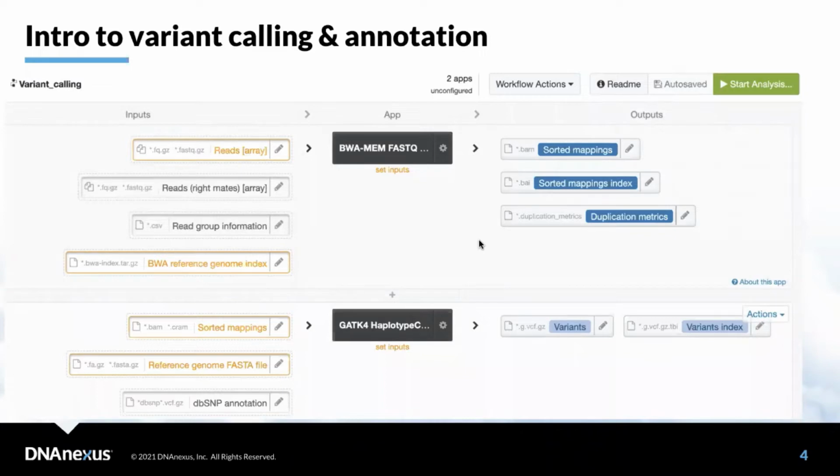But anyway, we do that, and then we call variants. GATK 4 is definitely the most used caller, although we're seeing other callers come up, particularly for somatic low frequency types of things. I think all of us learned a lot about COVID in the past year, and so we saw the emergence of low frequency variants and other things with that as well.